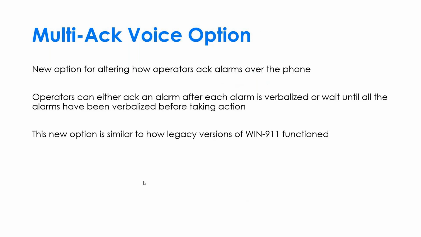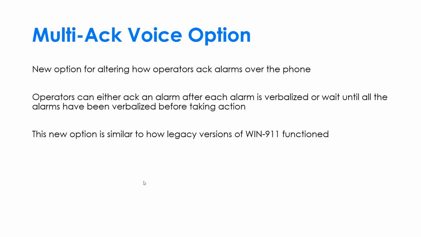The way Win911 works right now is that it will call you, you put in your code, it will tell you the alarm, and then it will ask you if you want to acknowledge the alarm. So if you have 10 alarms, it's going to do that 10 times. It'll read the alarm, ask if you want to acknowledge it, read the next one, ask if you want to acknowledge it, next one, next one, next one.